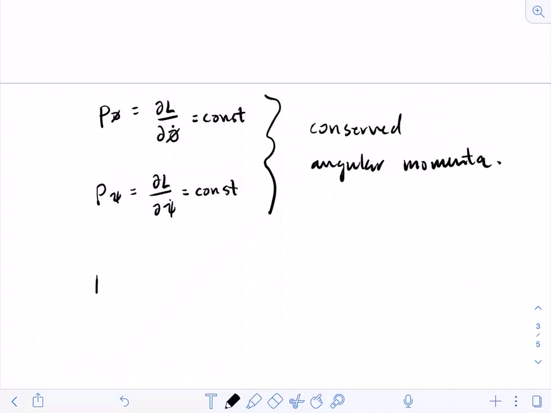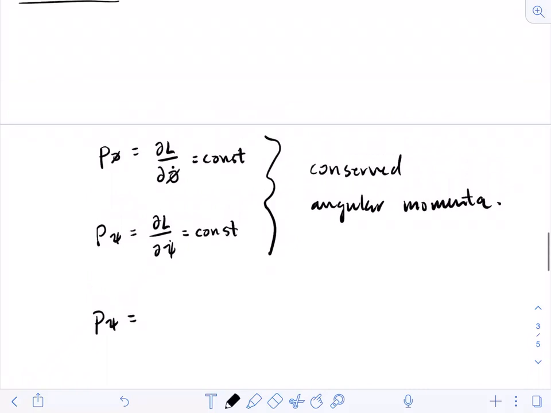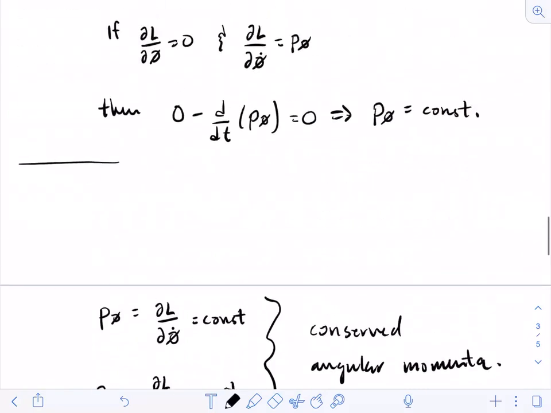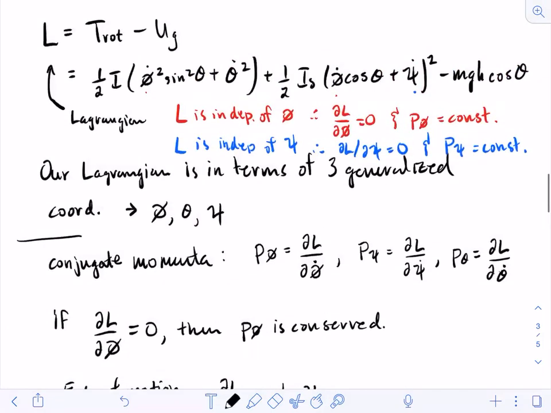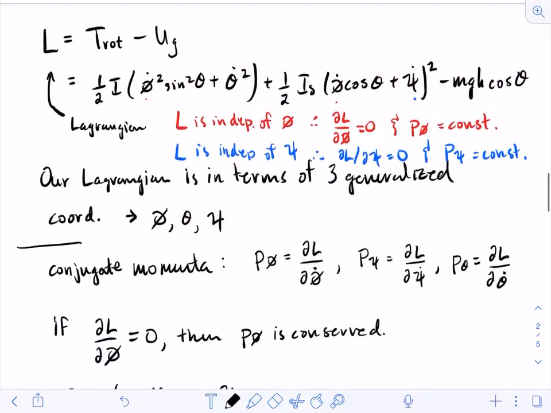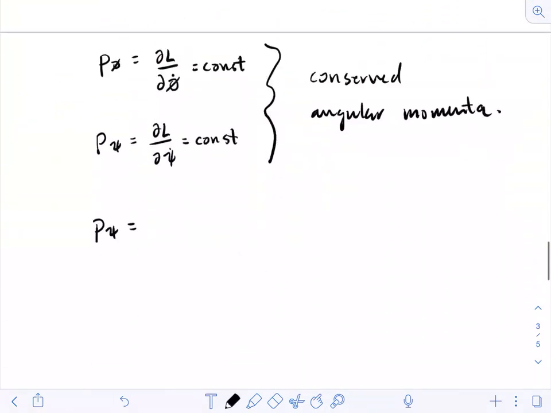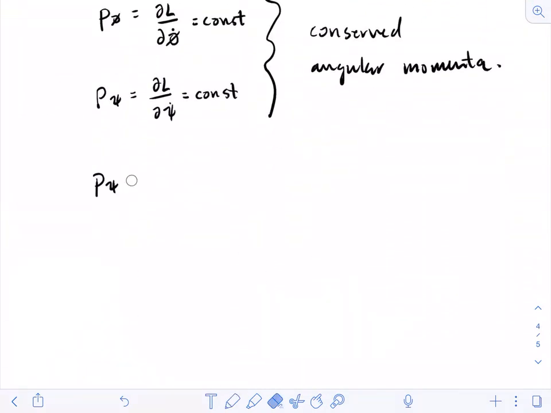Okay, so let's start by taking the derivative of the Lagrangian with respect to psi dot. That's the easier one. Maybe what we should do is, instead of scrolling back and forth, let's just rewrite our Lagrangian so that we have it here.